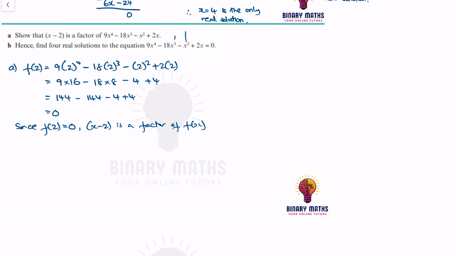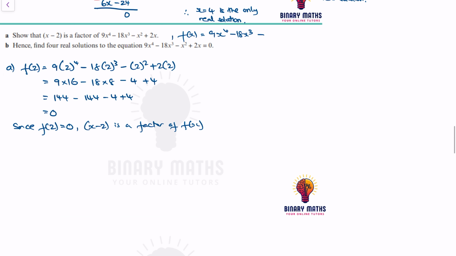We should say that f of x is equal to 9x to the power 4 minus 18x cubed minus x squared plus 2x by the factor theorem. Hence, find the 4 solutions.